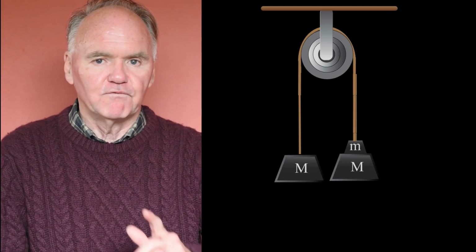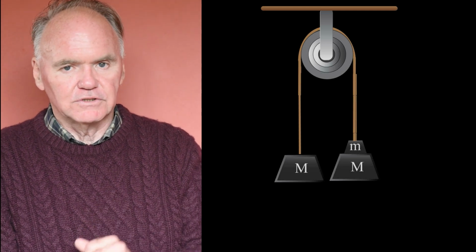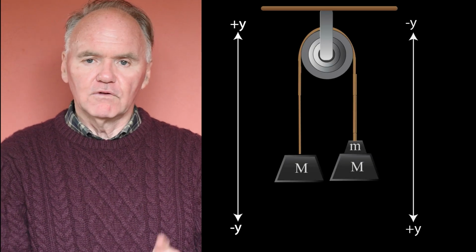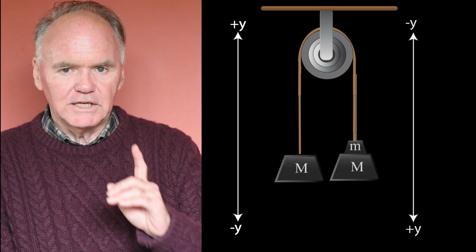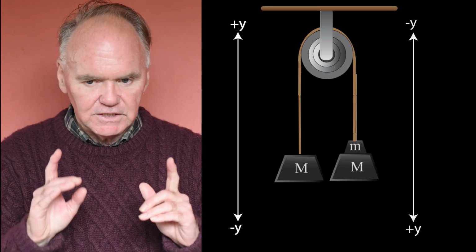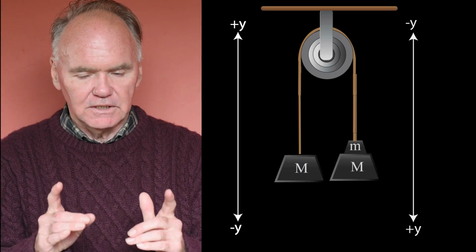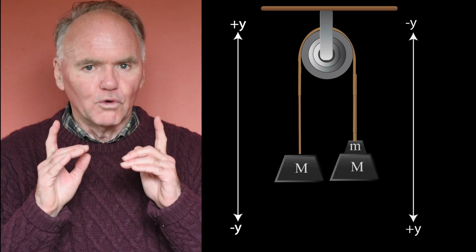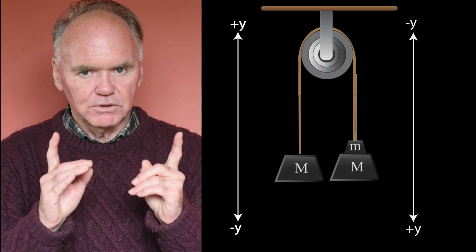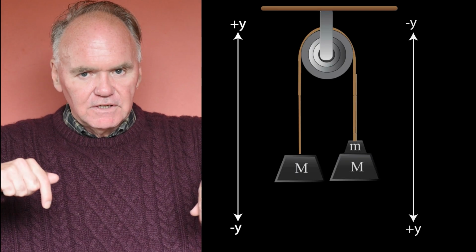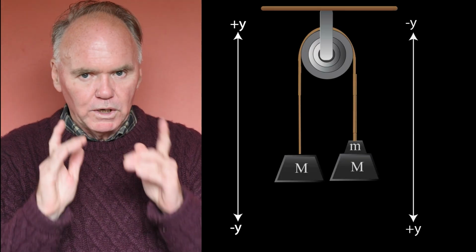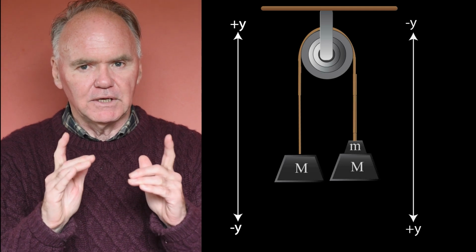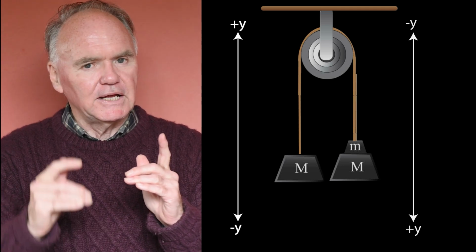First thing we need to do is choose our coordinate system. Well, there's no horizontal motion here, it's all vertical, so we're only thinking about the y direction. Once we've achieved this, we need to think about the directions then. Which direction should be positive and which direction should be negative. Now normally, upwards is positive and downwards is negative. If we did that, it would work. But I'm going to do it a different way, because it means one step less.